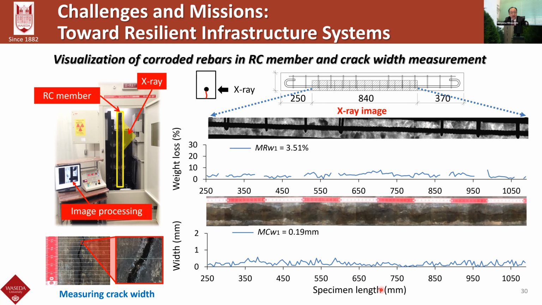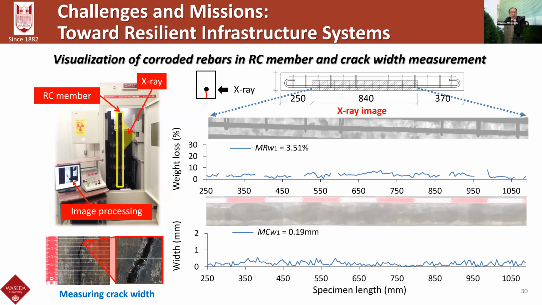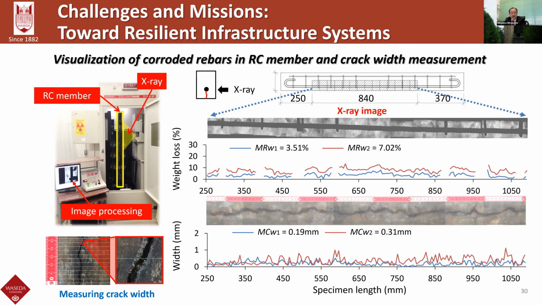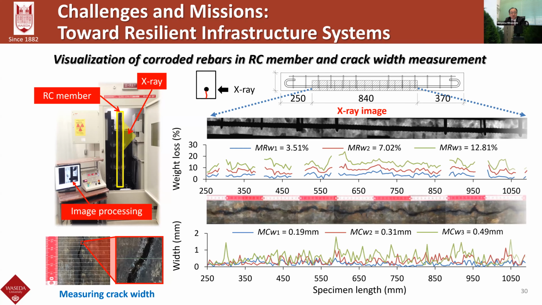X-ray helps to understand how steel corrosion is spatial, not only in the cross-section, but also in the longitudinal direction. Corrosion crack width becomes wider with the steel corrosion. But even if, for example, the observed corrosion crack width is 0.5 millimeter, the corresponding steel weight loss is really variable.